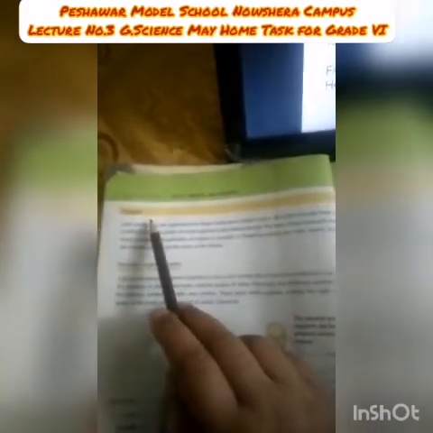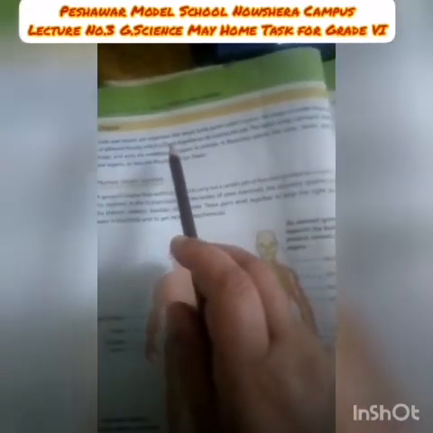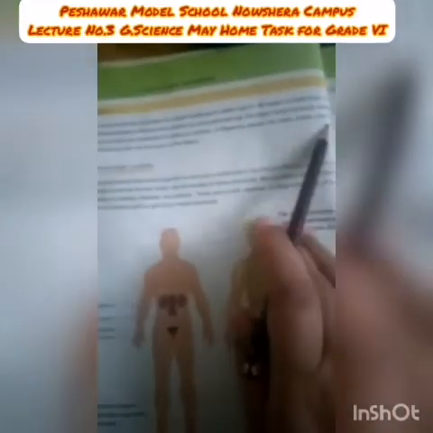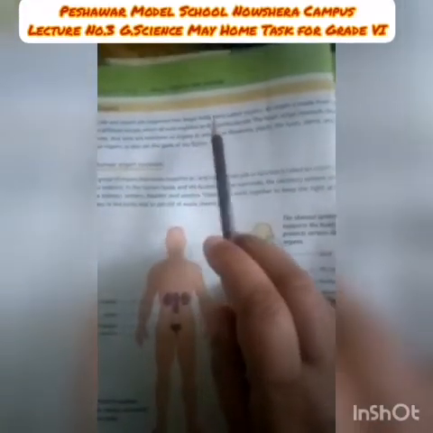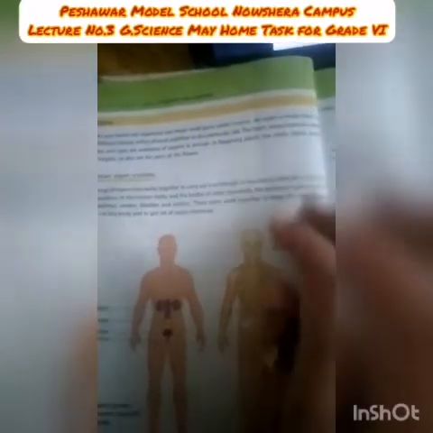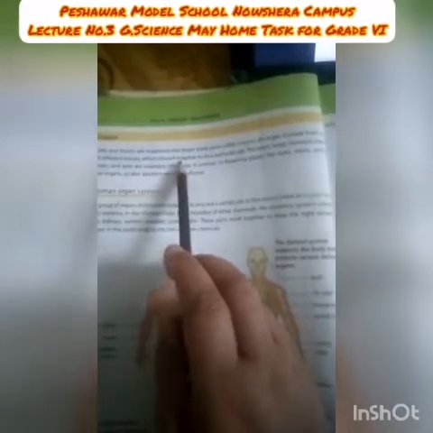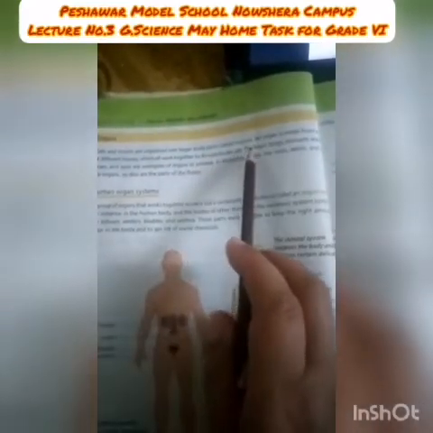These all are organs. On page 6, organ: cells and tissues are organized into larger body parts called organs. An organ is made from a group of different tissues which all work together to do a particular job.